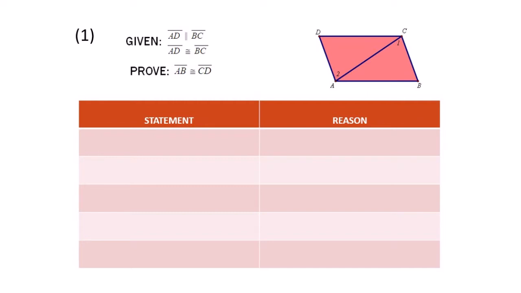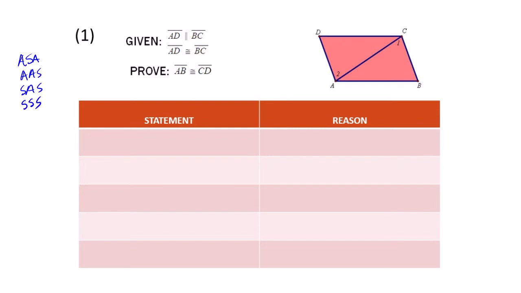So a lot of times when you're trying to prove that two segments are congruent or two angles are congruent, you want to think about CPCTC, right? And if you want to prove that CPCTC, corresponding parts of congruent triangles, is true, you have to prove that two triangles are congruent, right? So that means we're going to use ASA, AAS, SAS, or SSS, right?